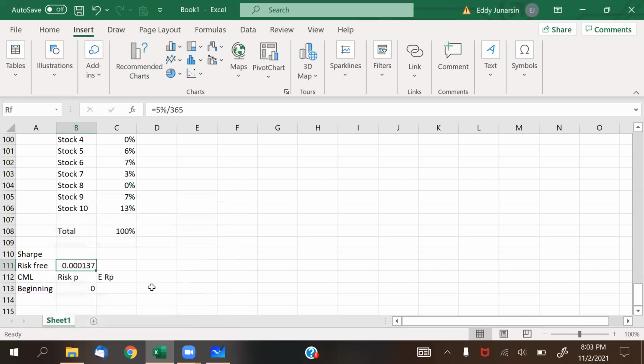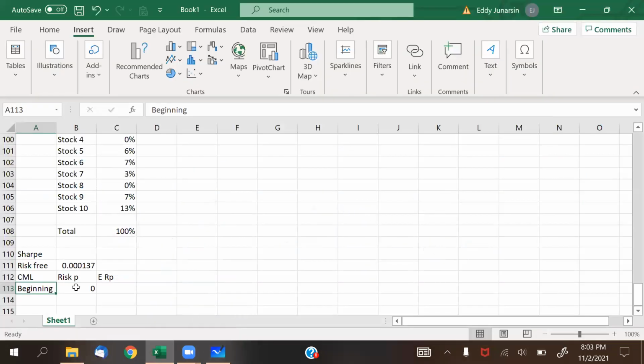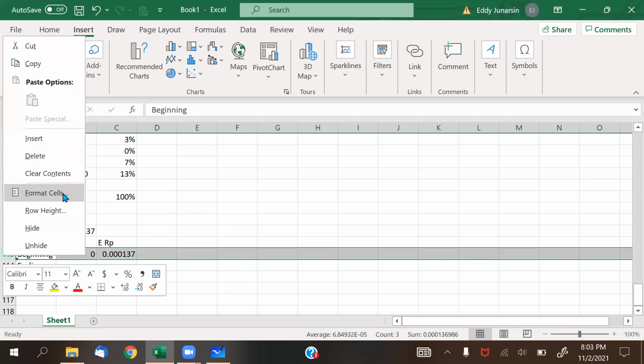RF. Okay, going back here, the beginning line, the RF line, what is the risk? 0. What is the expected return? Of course, it is the RF. Very easy. What about the ending line? For the ending line, we need to determine the slope first.